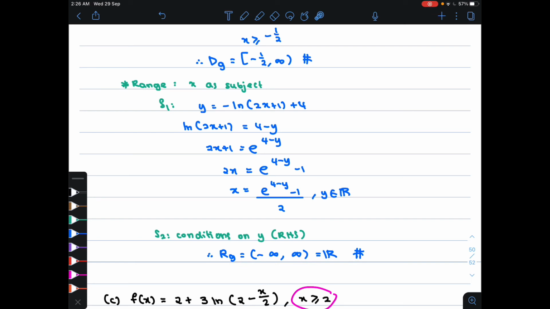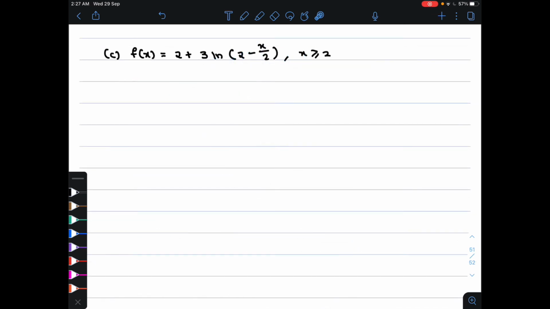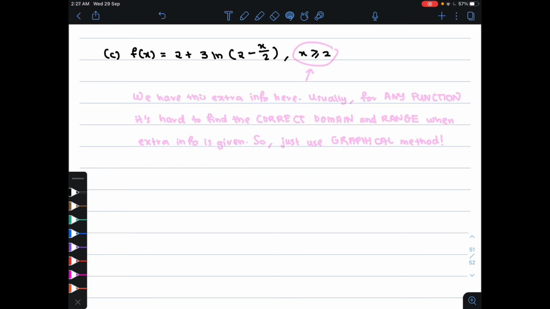For question C, we are given this function f(x), but note that now we have extra conditions on x, which is x more or equal to 2. So, untuk cari domain range, kamu boleh guna dua method, graphical dengan algebraic.